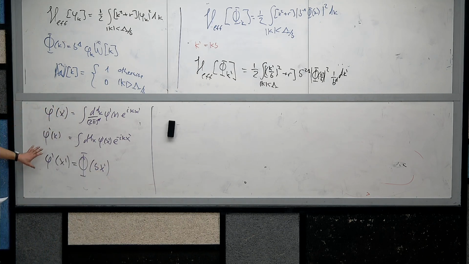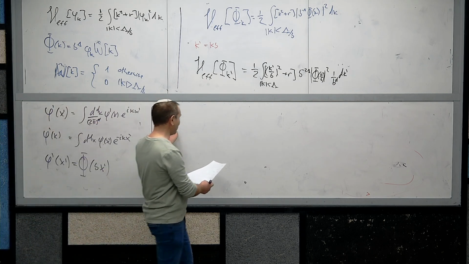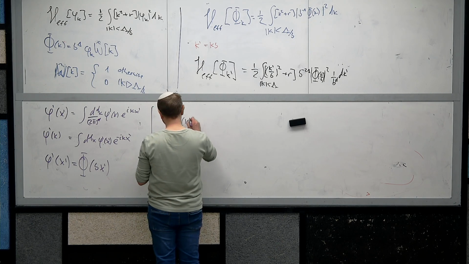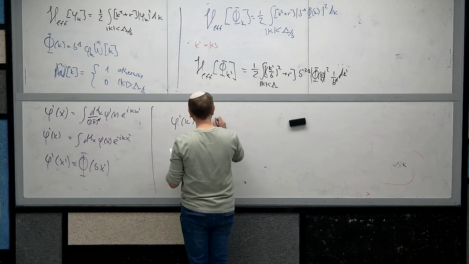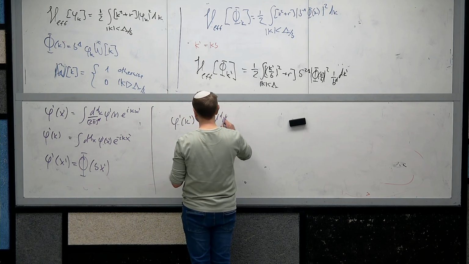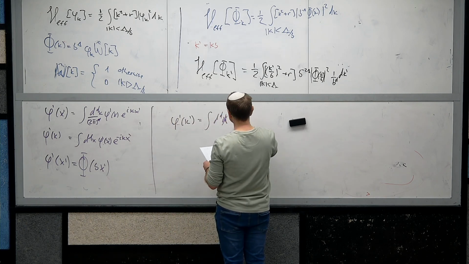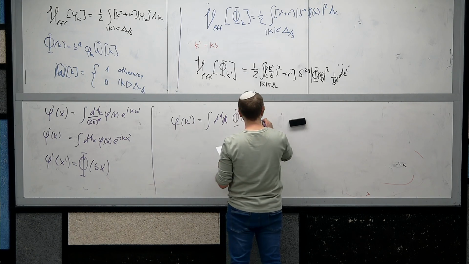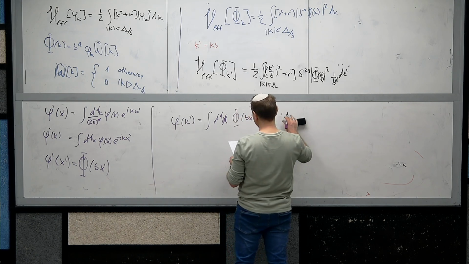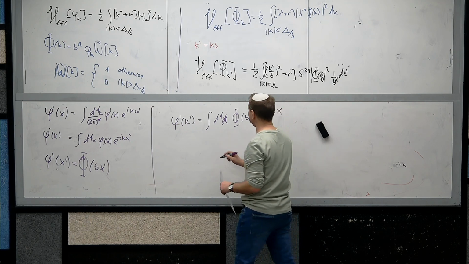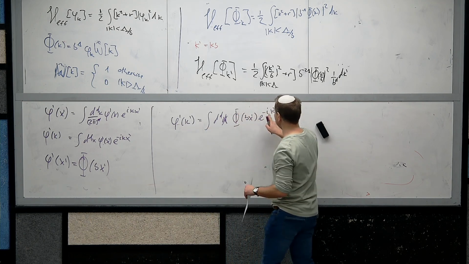I want to make this definition. So what comes out of this definition? Phi prime over k prime is an integral of d dx, using this, of large phi of b x prime, e to the minus I k prime x prime.